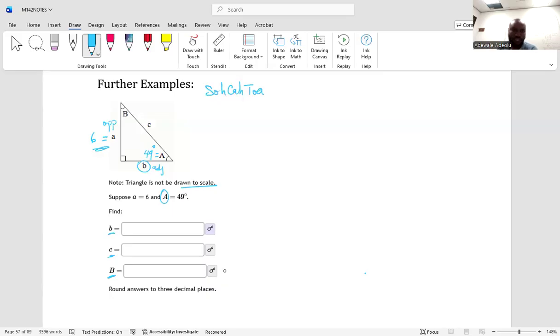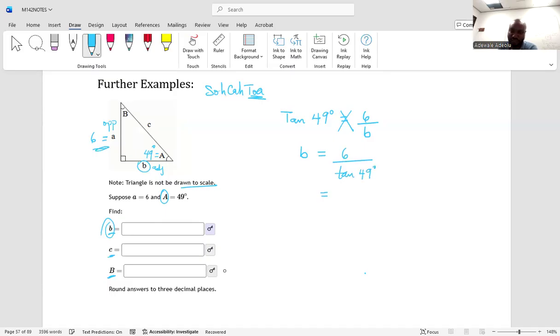So now, to calculate B, opposite, adjacent, that is tangent. So tangent of 49 degrees is opposite, which is 6, over adjacent, which is B. So here I cross multiply. It turns out that B equals 6 divided by tangent of 49 degrees.